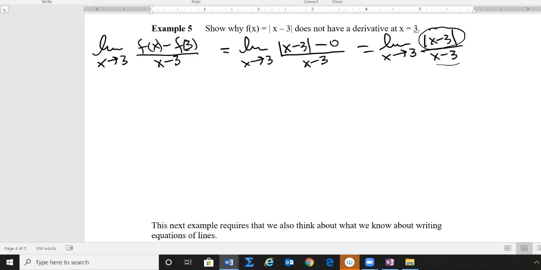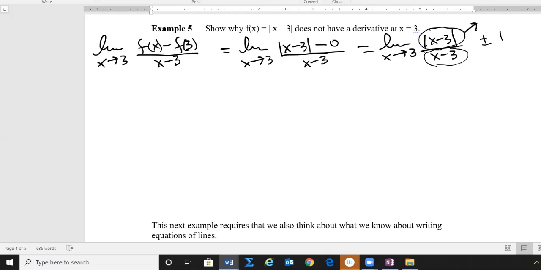But the denominator will not be the same if it's negative. So in other words, the numerator may always be positive, and then the denominator changes its sign depending on the direction of the size of x. So this is saying that x is approaching 3, but depending on the direction that you approach 3, either from the left or the right, the denominator might be positive or negative. In either case, what you're going to see is a plus or minus 1. Now, that might be hard to see that.